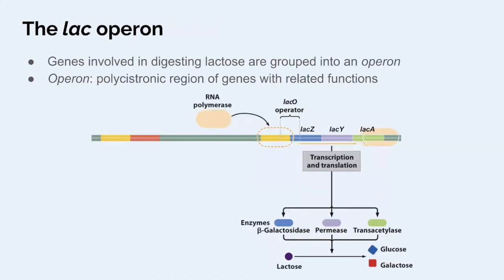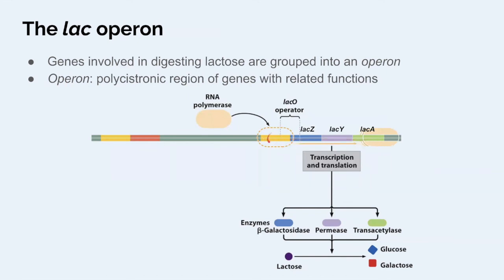And it turns out, something I don't think we've really seen before, that bacteria have a neat structure that they can make called an operon, where they group together genes that have similar related functions, and they can all be transcribed together. So this harkens back to a term we encountered a while back, polycistronic. Those were those gene regions where there's one promoter that causes transcription of more than one gene.